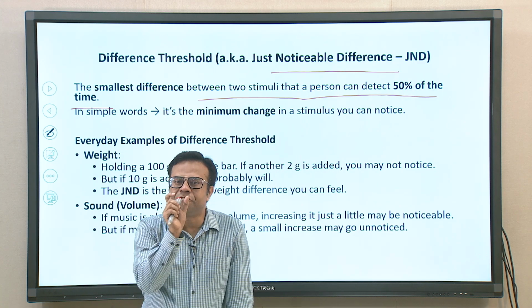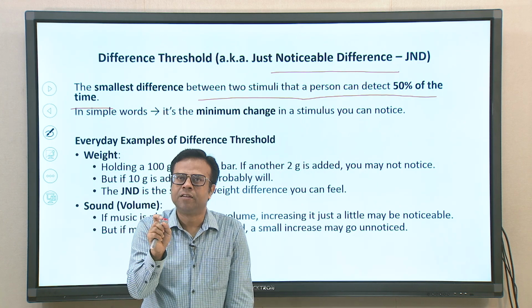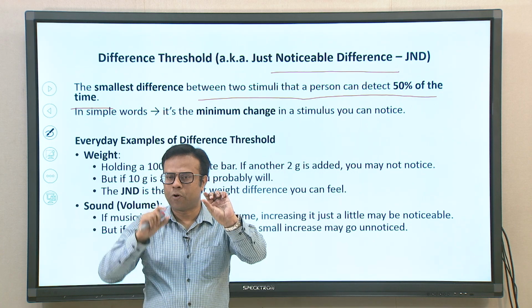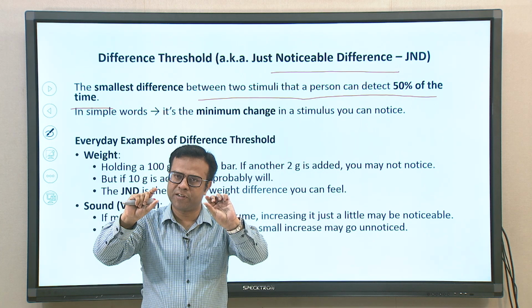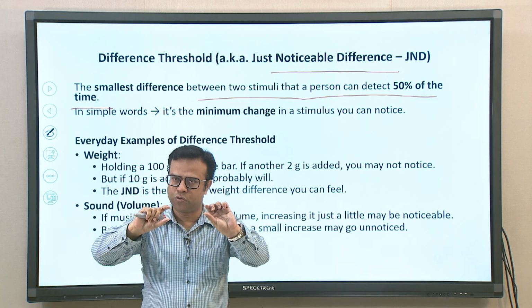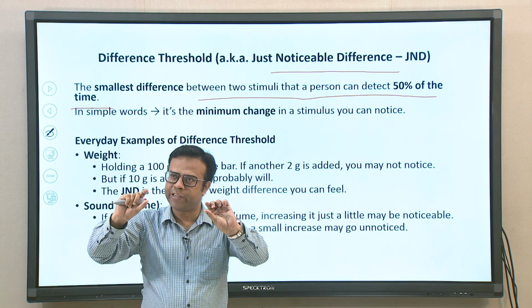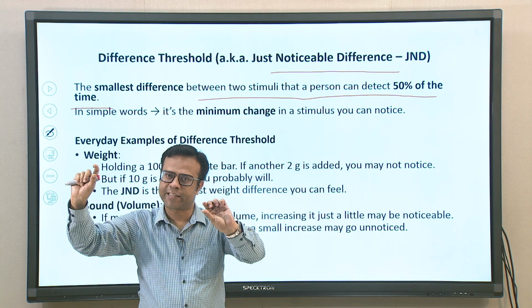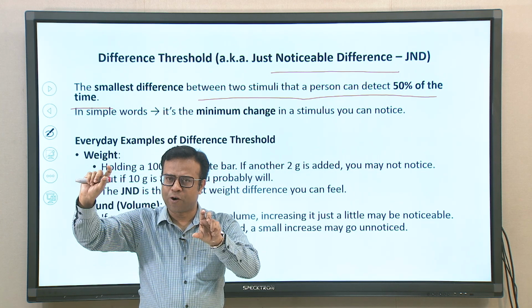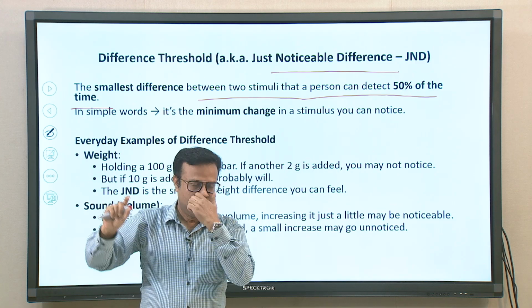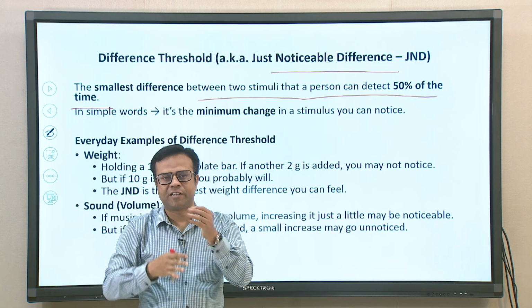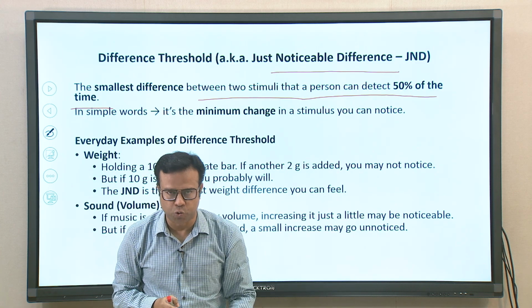So, what is the difference between two stimuli? Let us say sound, one intensity of sound and another intensity of sound. Is the person able to detect the difference between these two, or do I need to increase the sound a little bit more to detect that this sound is a little higher than this sound? That minimum difference that is required is the difference threshold.